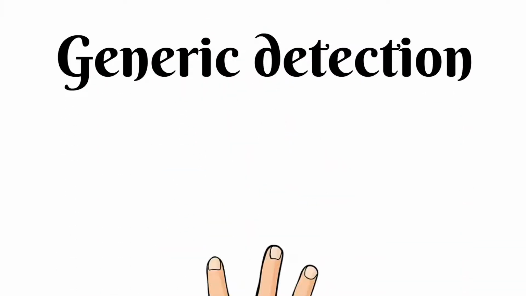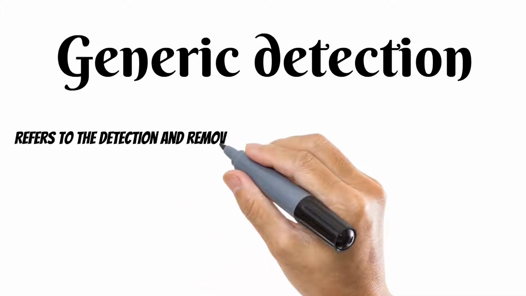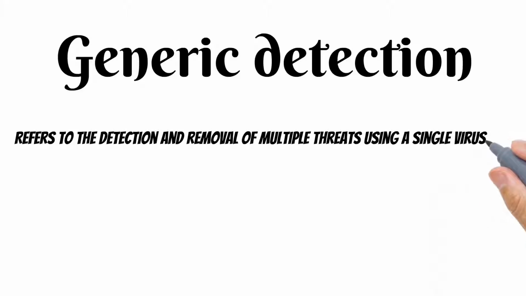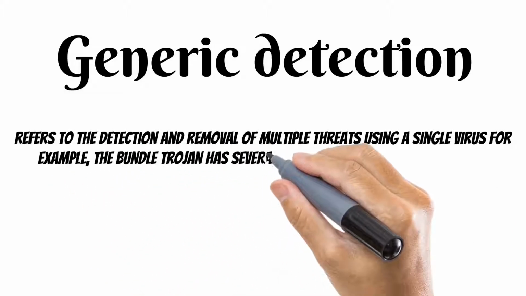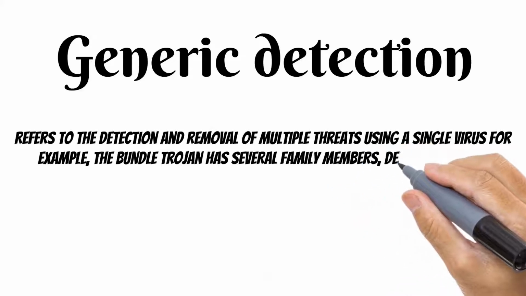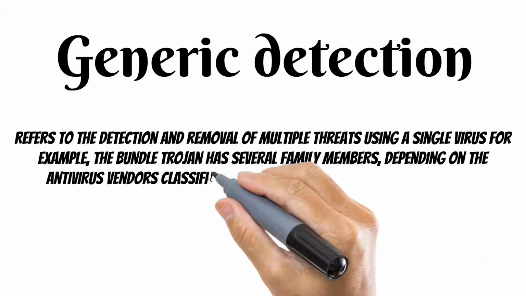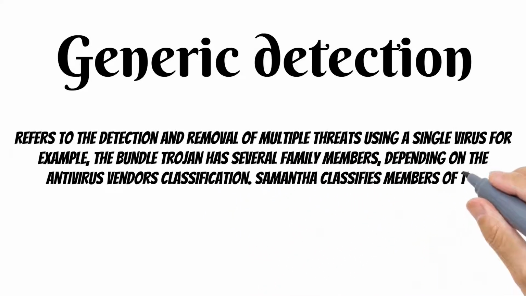Heuristics. Many viruses start as a single infection and, through either mutation or refinements by other attackers, can grow into dozens of slightly different strains, called variants. Generic detection refers to the detection and removal of multiple threats using a single signature.